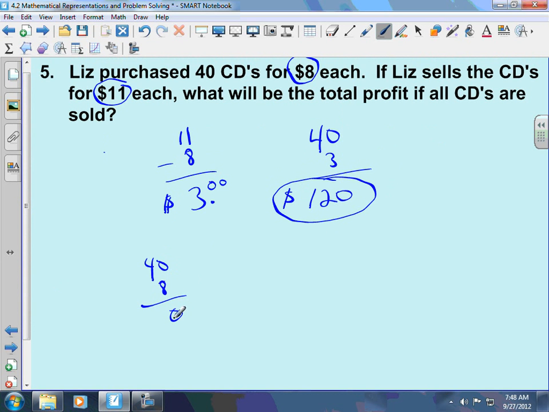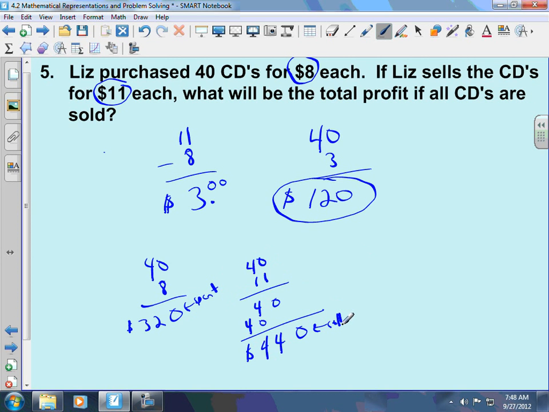40 times 8 is $320. So in order to get the 40 CDs, she had to spend $320. She turns around and sells them for $11 a piece. That means she collects $440. This is what she spent to purchase the items.